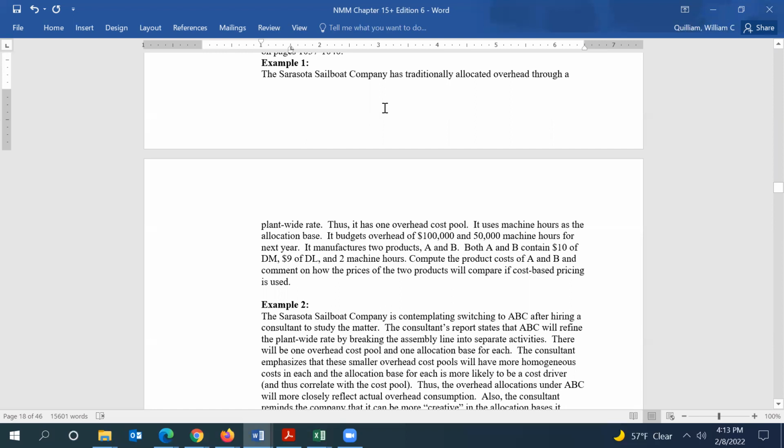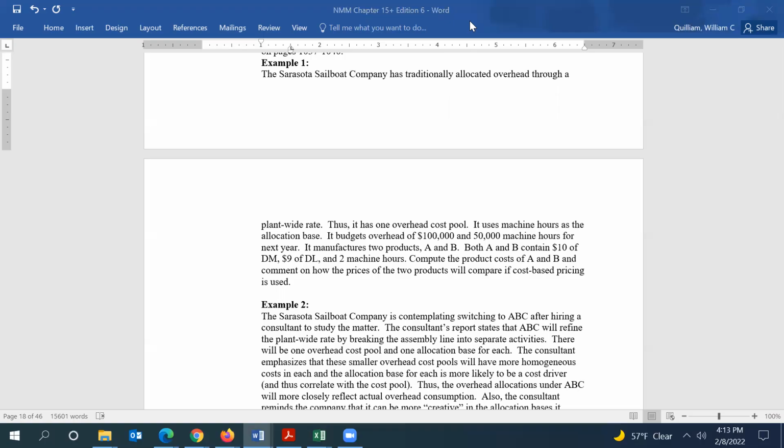So we have that the Sarasota Sailboat Company has traditionally allocated overhead through a plant-wide rate. Thus, it has one overhead cost pool. So that's the old plant-wide one. It used machine hours as the allocation base. It budgets overhead of $100,000 and 50,000 machine hours for next year. I'll stop there because I will come back to the rest of that after a while.